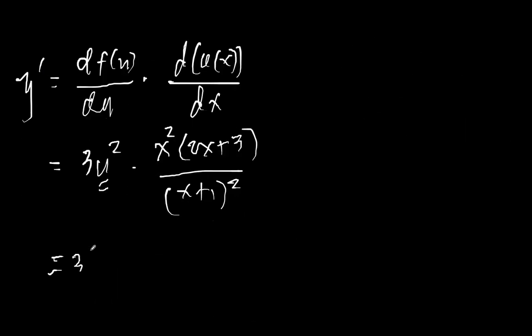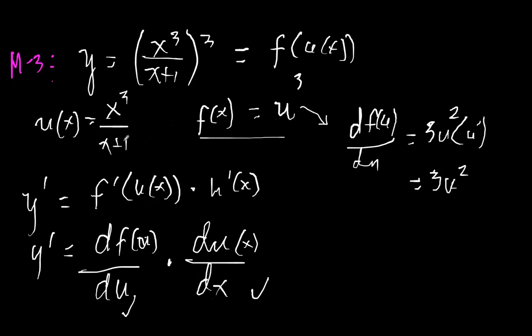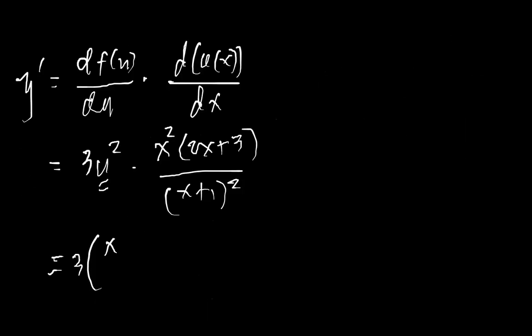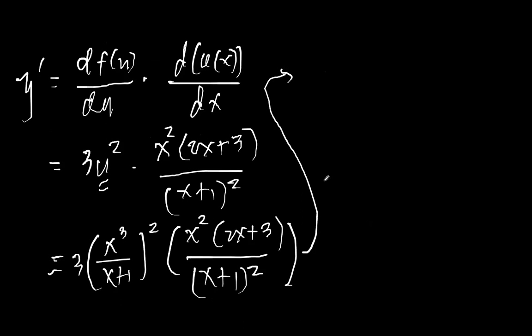So 3 times x cubed over x plus 1 raised to 2 times x squared times 2x plus 3 over x plus 1 squared, something like that.